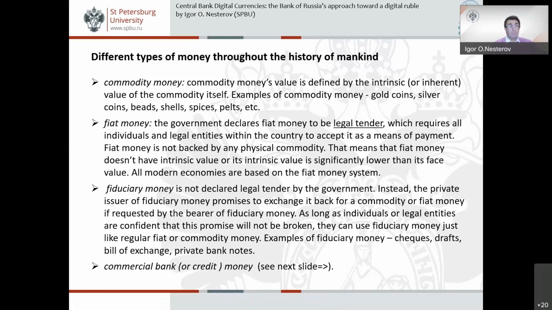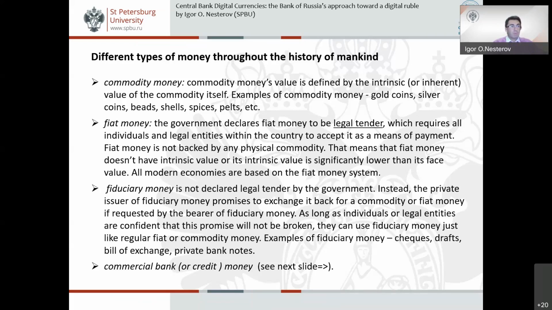Instead, the private issuer of fiduciary money promises to exchange it back for a commodity or fiat money, if requested by the holder of fiduciary money. As long as people or legal entities like companies and banks are confident that this promise will not be broken, they can use fiduciary money just like regular fiat or commodity money.